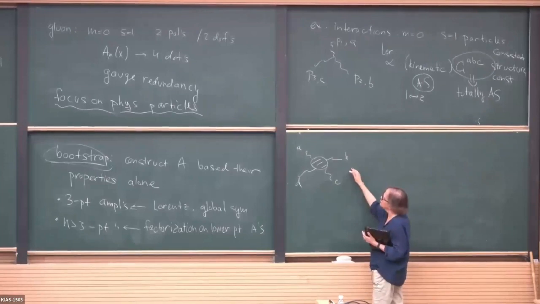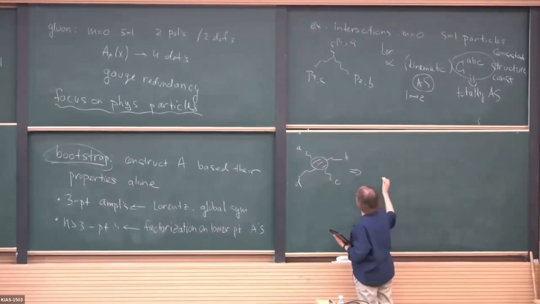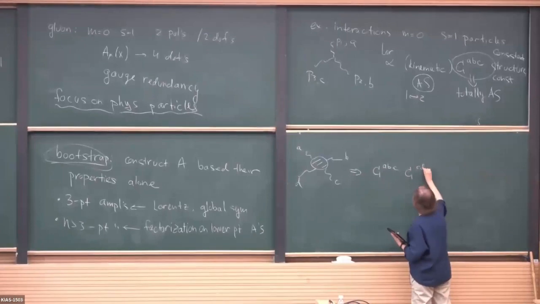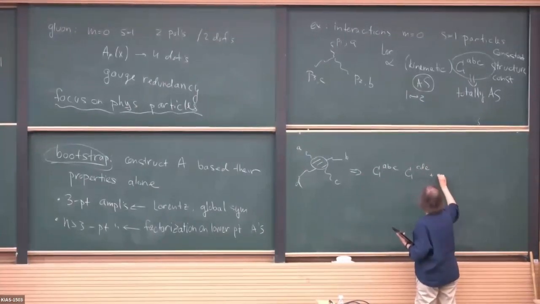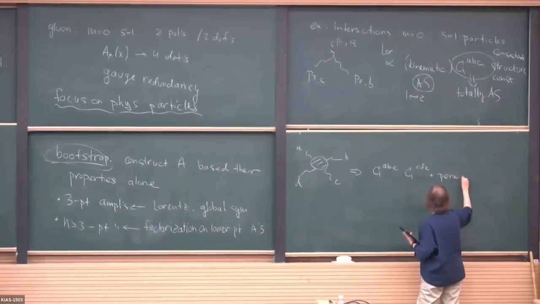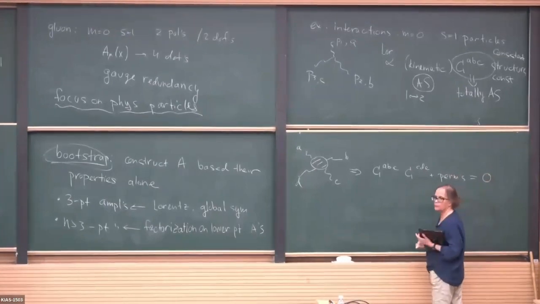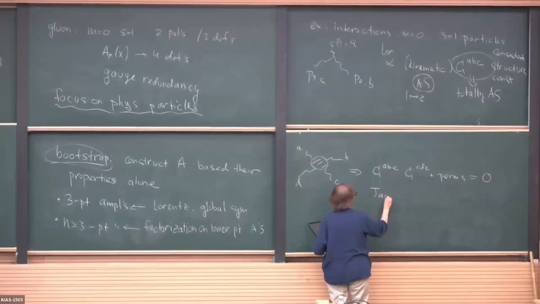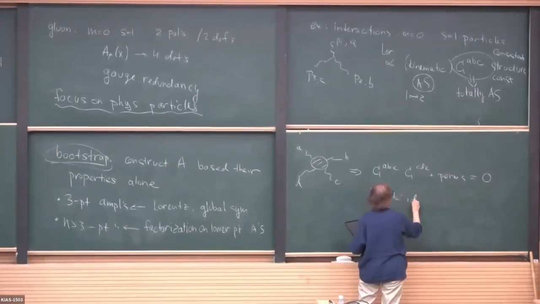And now the thing that we'll see from this is that we have f^{ABE} f^{CDE} plus permutations equal to 0. So what this is, it's the Jacobi identity.